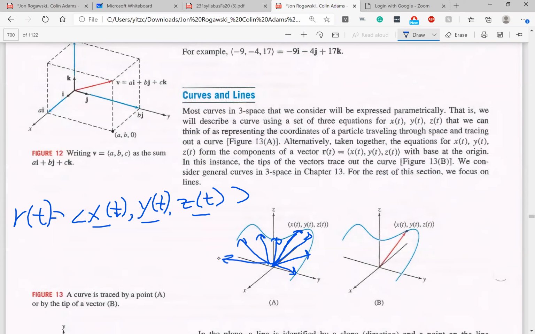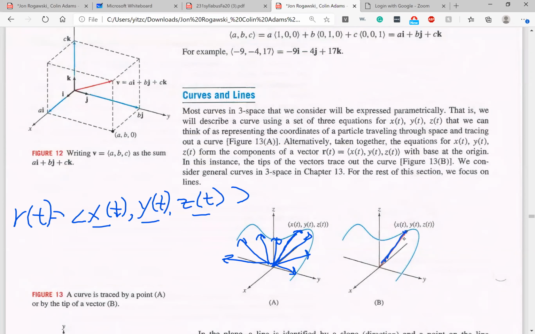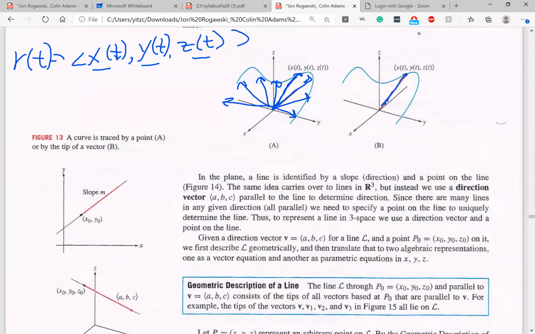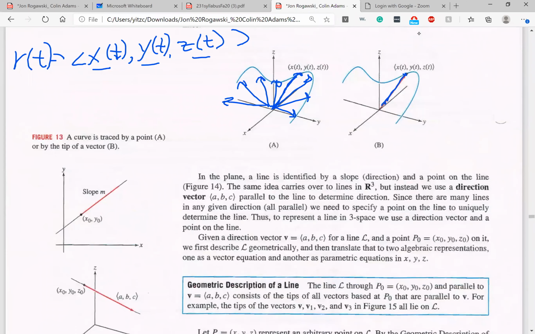So yeah, that's this vector over here. So instead of having a fixed vector now, we have a curve that goes through R3 and is represented by this following vector that changes in time. So that's a very simple way to define a curve.